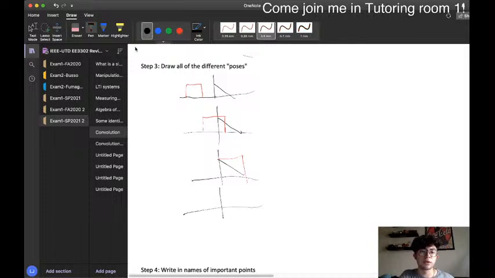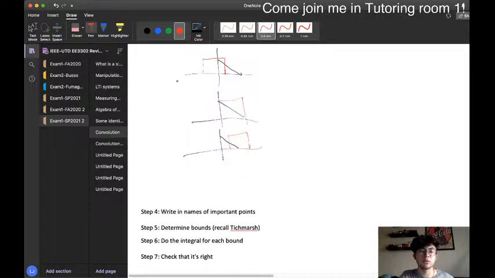The fourth one is where it's slightly overlapping, but on the right now. There we go. And then we do the last one, where it's completely gone, essentially. It's going to be all the way to the right.